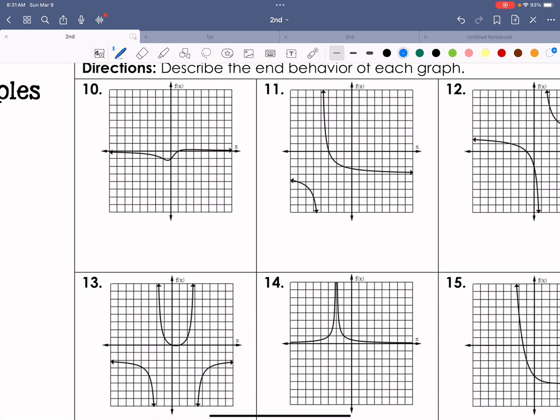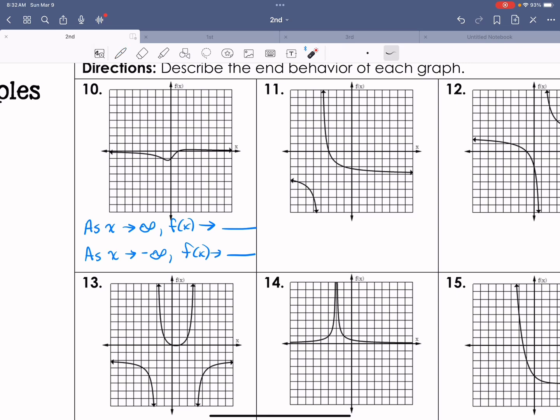Okay, on number 10, we're going to start off with as x approaches infinity, f of x, which is your graph, approaches blank, and as x approaches negative infinity, f of x approaches blank. And this one I think is a little bit hard to tell. But as this graph gets closer and closer to the x-axis, it straightens out.